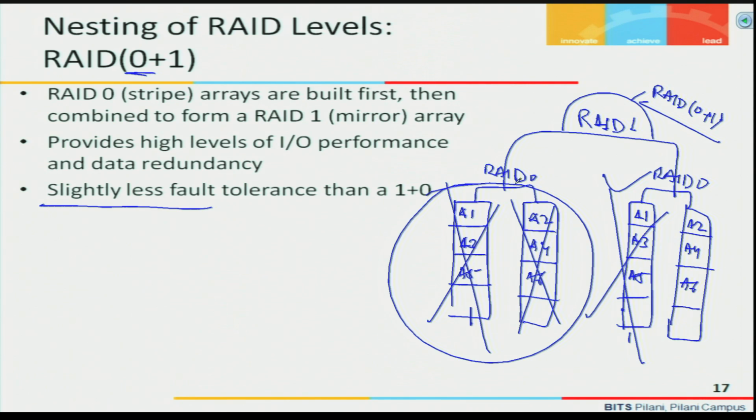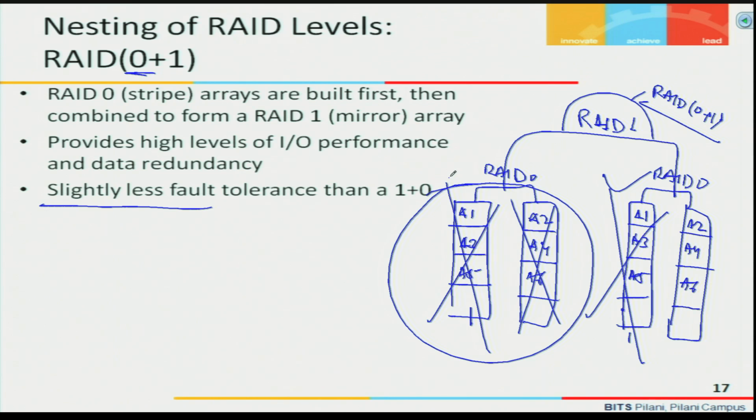So, RAID 1 plus 0 has better fault tolerance compared to RAID 0 plus 1, because the chances of both failing disks being on one side are less, compared to one disk failing in one array and another disk failing in another array, which is more likely. So, RAID 0 plus 1 can survive only when the disks fail in one array.